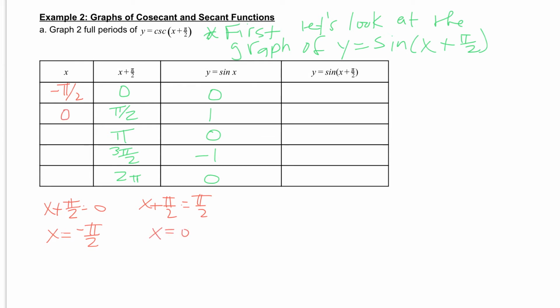So 0 is our next x value. Then we're going to take that x plus pi over 2 and set it equal to pi. If we subtract pi over 2 from both sides, we get x equal to pi minus pi over 2. And then we need to get common denominators. So pi we can look at as 2 pi over 2, giving us x equal to pi over 2.